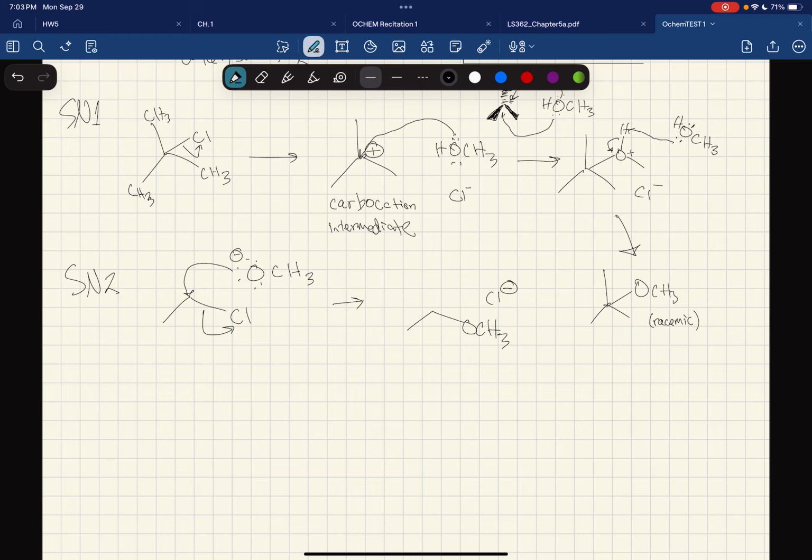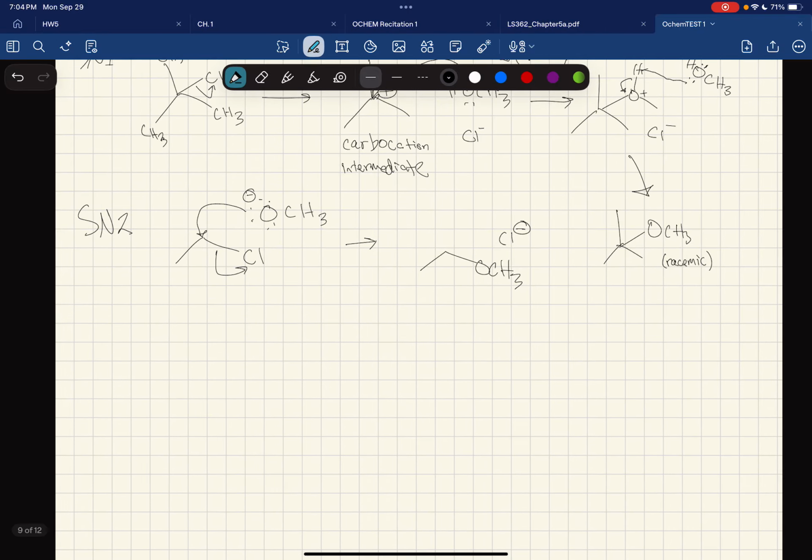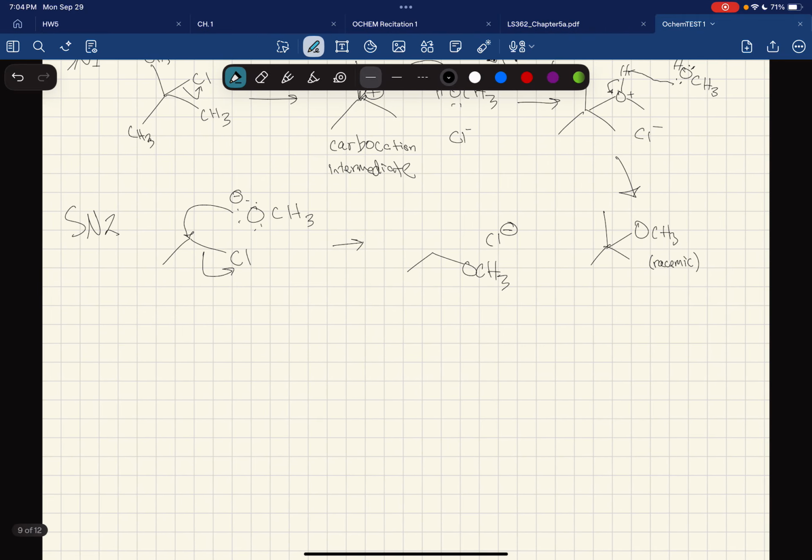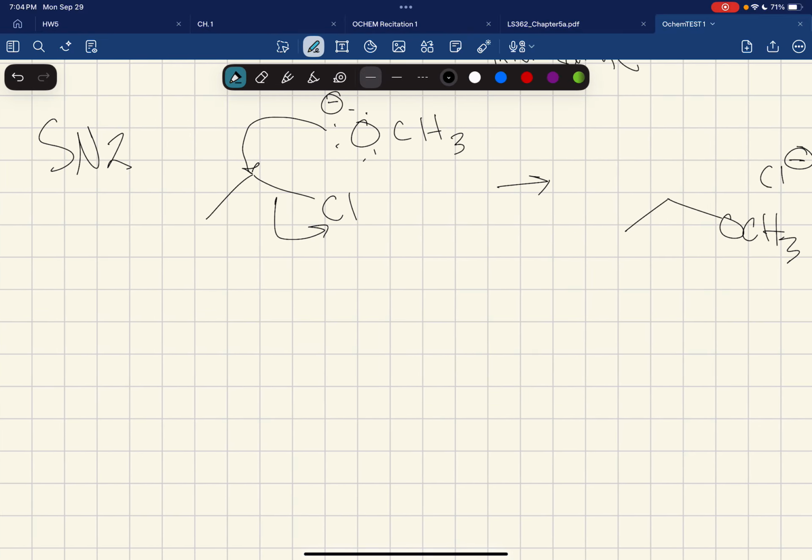Well, I suppose this would work. We'll do carbon-carbon. There's a Cl right here.